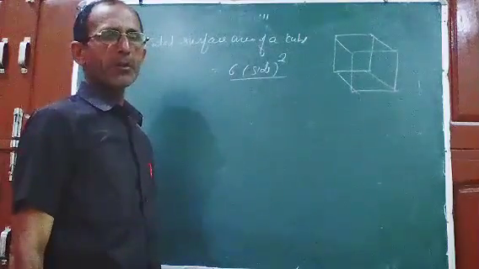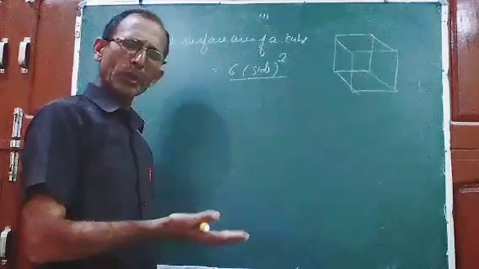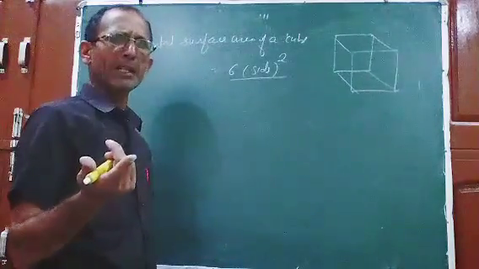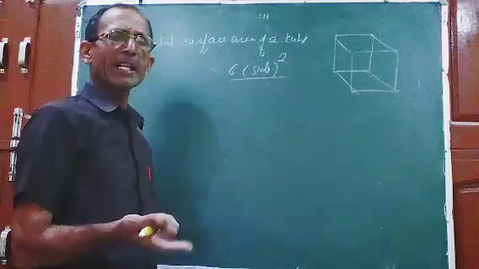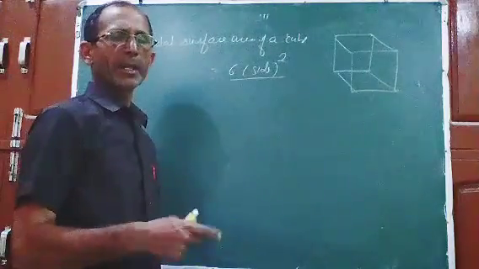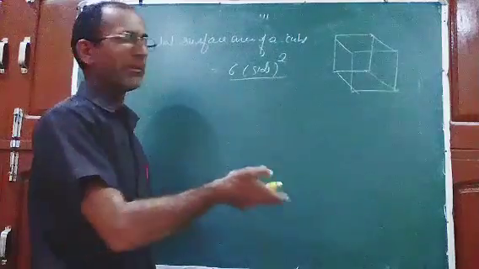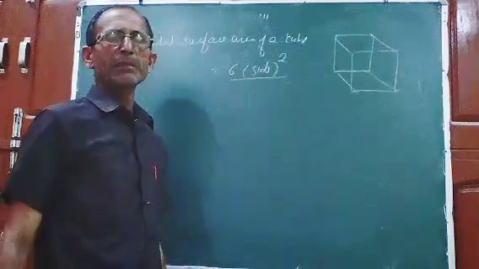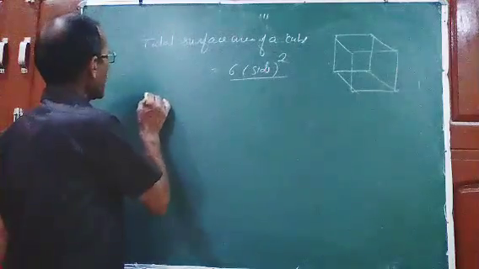You can derive it yourself, because length and breadth are both equal. In the cuboid, length and breadth were different, that's why we took LB. Now length and breadth are equal, it means A into A. So A square plus A square plus A square, 3 times, and 3 multiplied by 2 means 6 into side square.